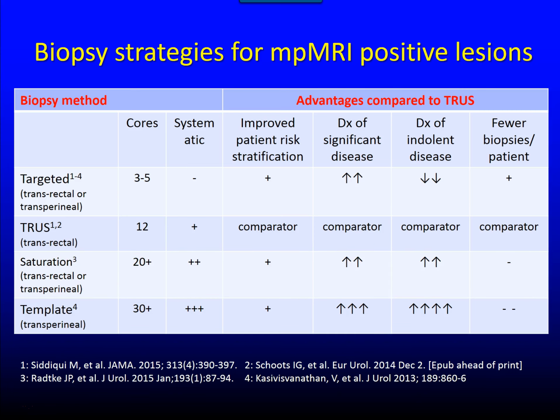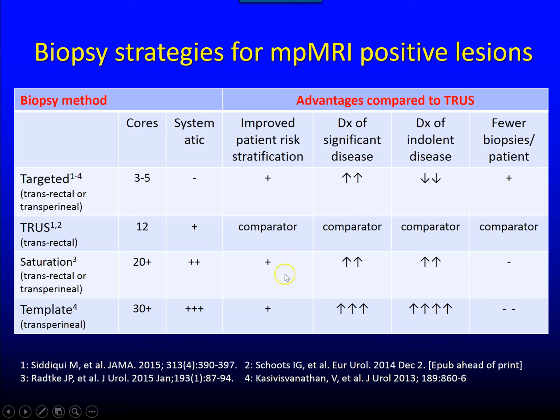On the other hand, it's possible to get the diagnosis using a saturation biopsy technique or a template biopsy technique, and saturation biopsies can be done transrectally or transperineally, and template biopsies are generally done transperineally. The interesting thing is that although these are all increasingly systematic, the number of cores increases dramatically.